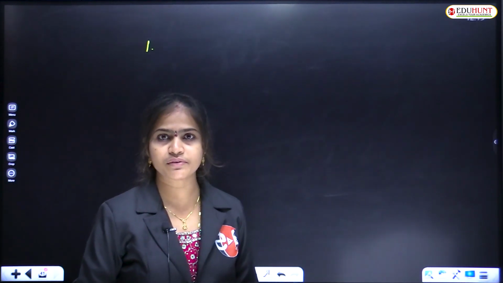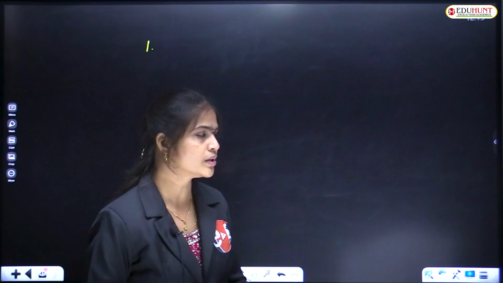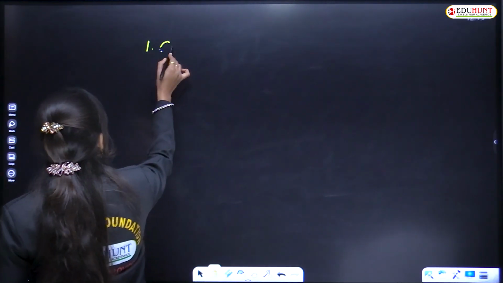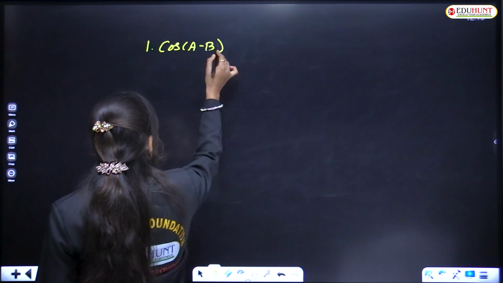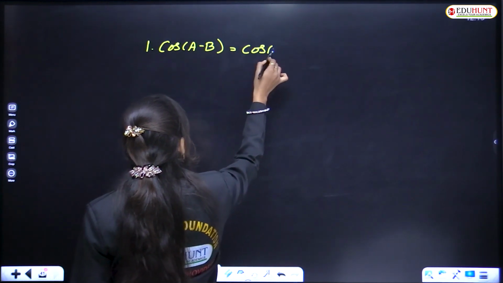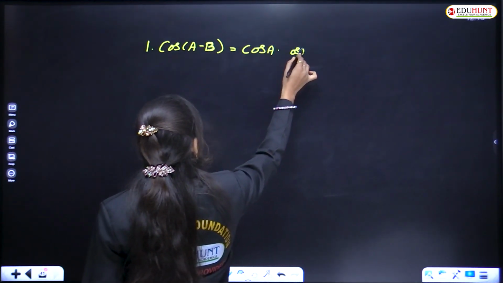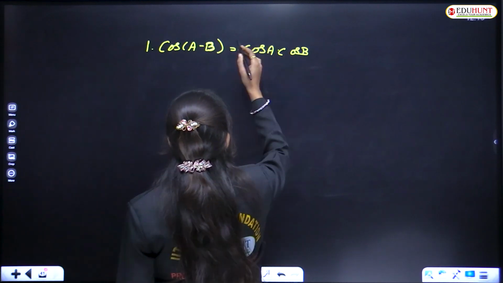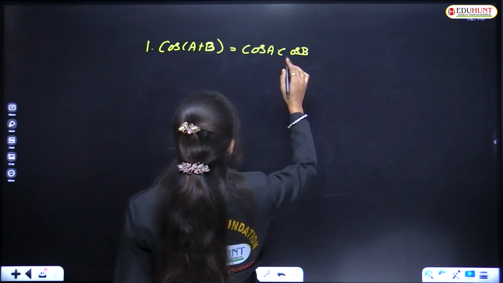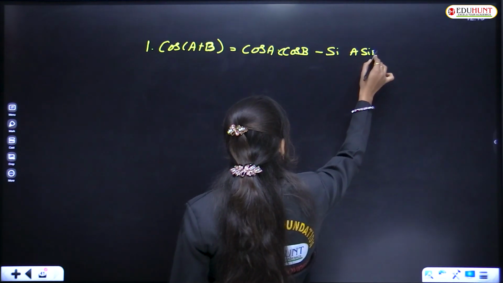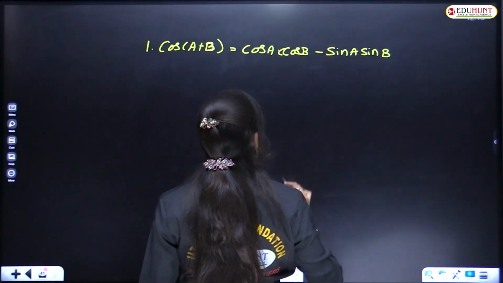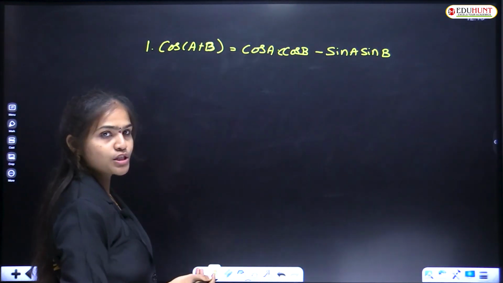If anybody missed that video, just see that video once. So, the first formula is cos of a plus b, which is equal to cos a cos b minus sin a sin b. That is the first formula.